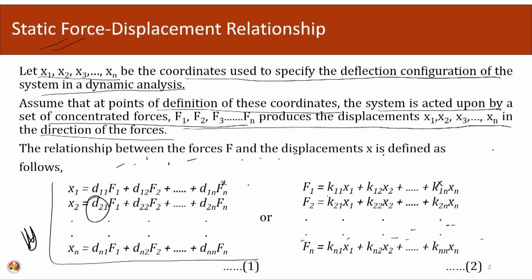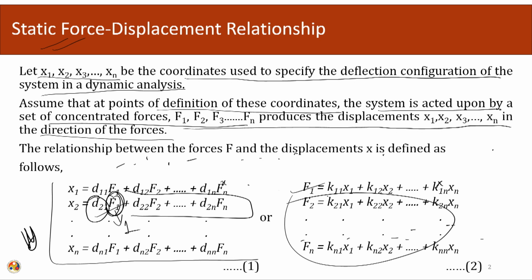So, D21, we consider this term only, and all other F we are considering as 0, because this one is 1 and we have switched off all the other F. So, everything is gone.